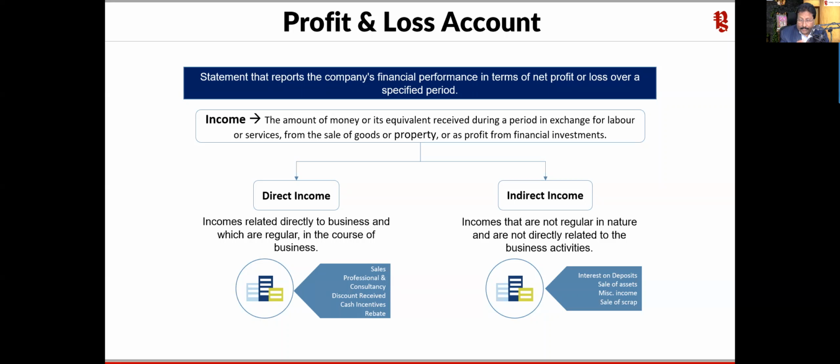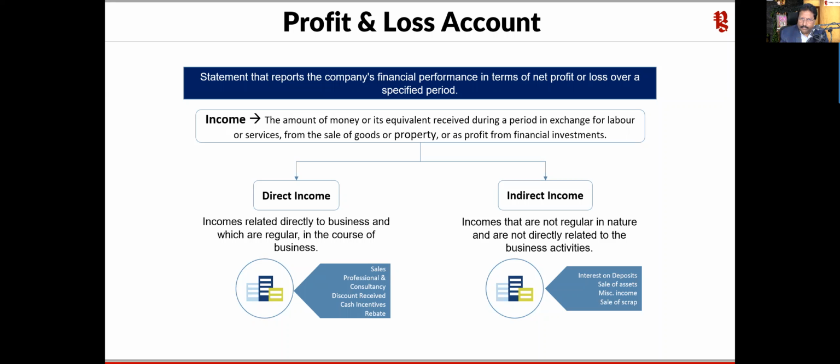And this is one of the important factors which will help you to determine your gross profitability. In the next session, we will discuss the other side of your profit and loss account, which is expenses, and we will see how your gross profit is going to get impacted, and why this classification of direct and indirect is required. On the expenditure side, we will also see that there are two classifications.